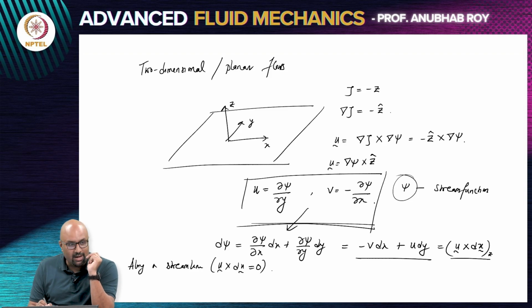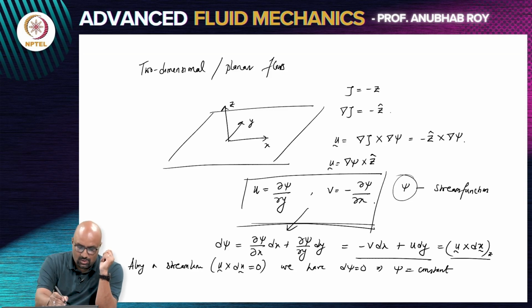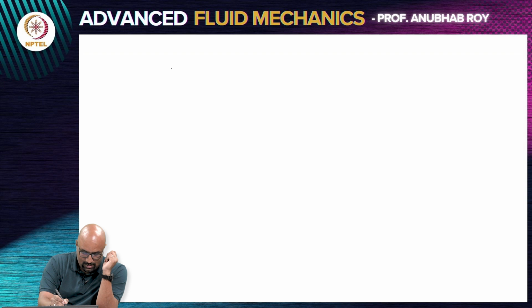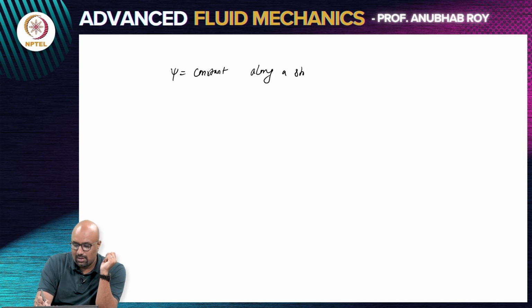So, along a streamline u cross dx is equal to 0, and we have d psi equal to 0, or psi is equal to constant. So, what we have seen now is that psi, the stream function, is constant along a streamline.